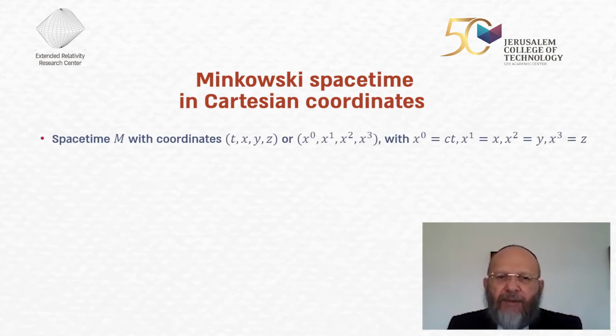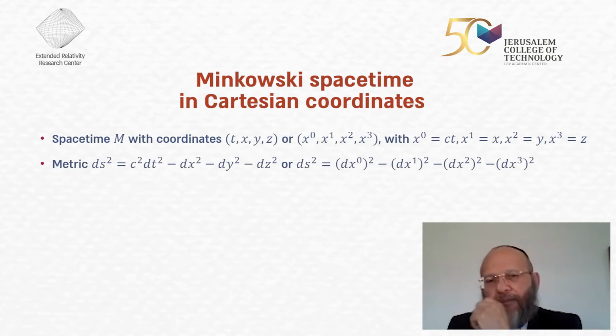Minkowski spacetime is the regular spacetime t, x, y, z, and we introduce new coordinates x0, x1, and x2, x3 are the regular x, y, and z. And x0 is ct, we put it in order to have all of them in the same unit. t was in time in seconds, and c is meters per second. ct is in meters, the same as x, y, and z.